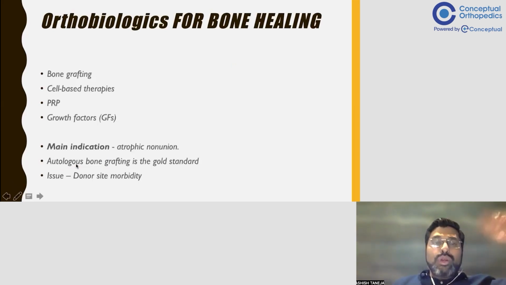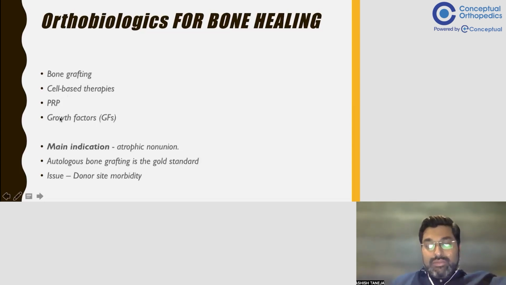So for bone healing, we have bone grafting, we have cell-based therapy, that is bone marrow aspirate concentrate, the stem cell therapy, we have PRPs, and we have growth factors. Main indication in bone healing is atrophic non-union. And we know the gold standard is still autogenous bone grafting.